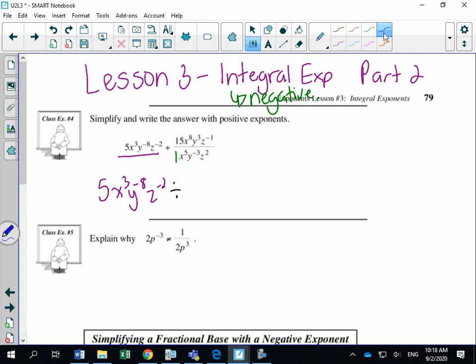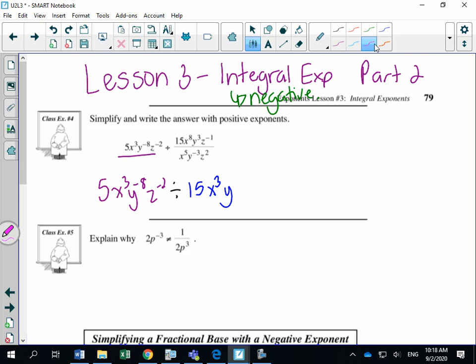15 divided by 1 is 15. Our x's, if I apply my exponent law, I would have 8 minus 5, which is x to the 3. My y's, you got to be really careful here. Some students want to cancel those y's, and you wouldn't cancel those y's.